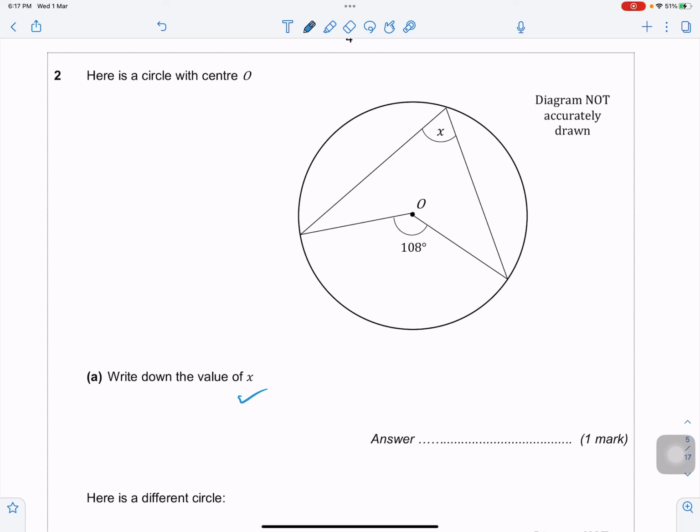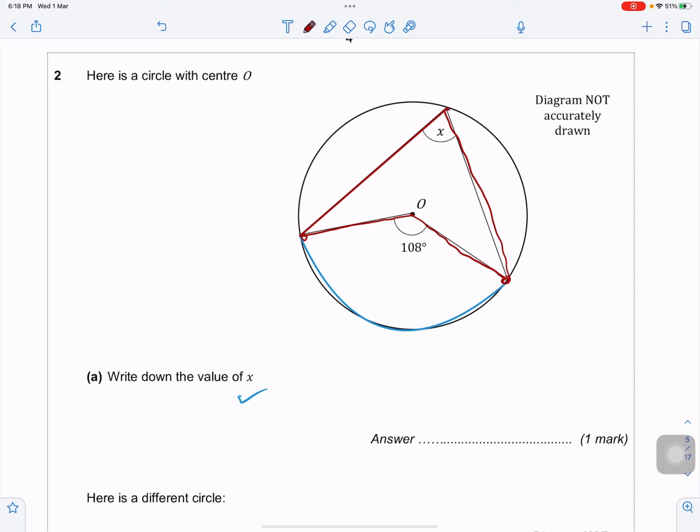Okay. The property which says angle at the center is twice the angle at the circumference. Why? Just look at this arc. This arc is making an angle at the center, and the same ends of the arc are making an angle on the circumference.